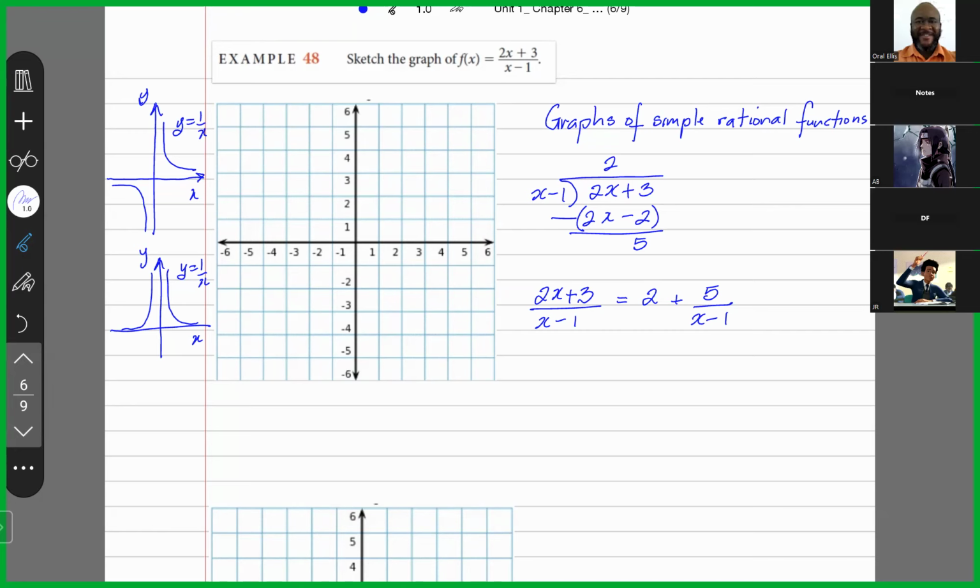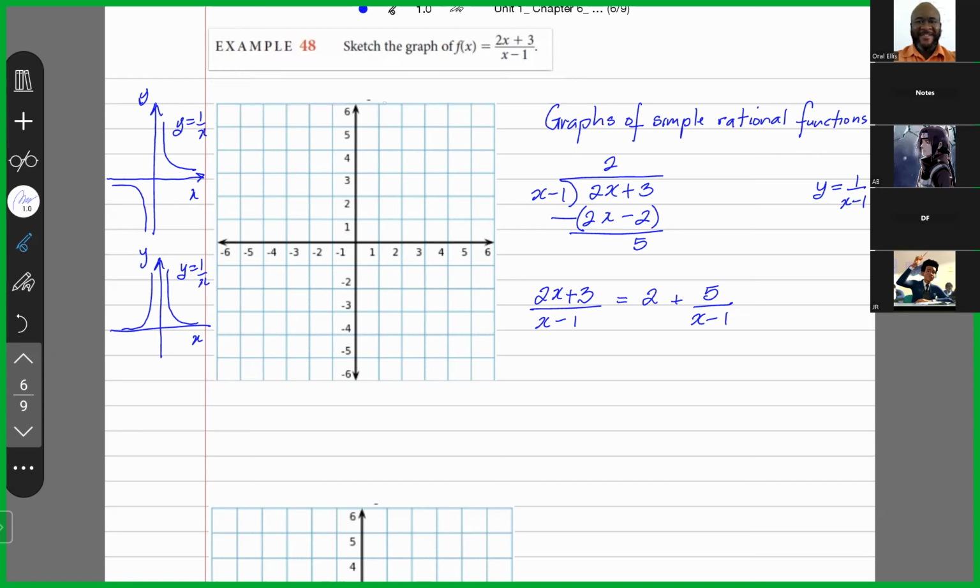Now, how could we get this graph? First of all, the x minus 1: if our starting point is y is equal to 1 over x, then 1 over x minus 1 would mean I would have to move the graph 1 unit to the right. So this would become my new vertical asymptote.